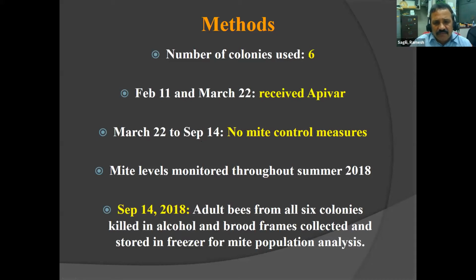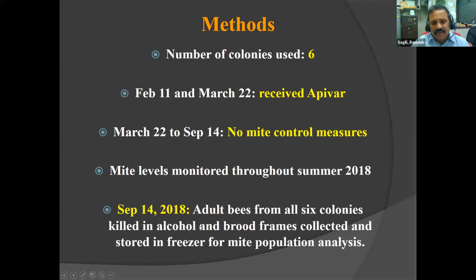Mite levels were monitored throughout summer 2018, and then on September 14th, 2018, we went and killed all those hives. We went early in the morning before bees were flying, and adult bees from all 6 colonies were killed using alcohol.